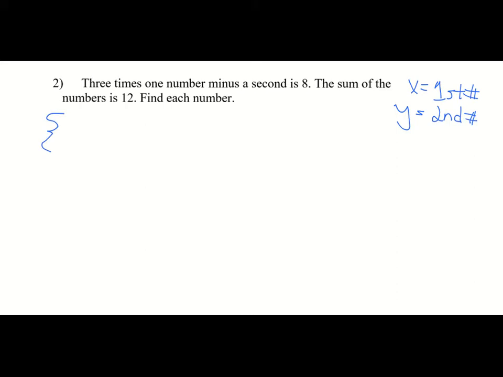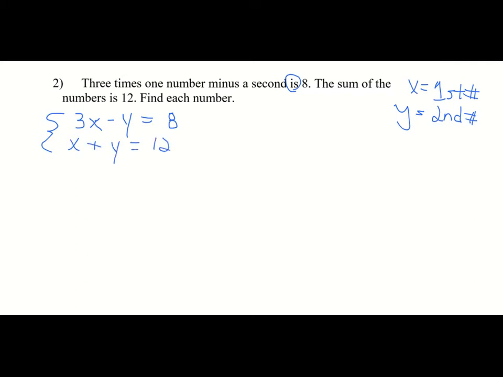So 3 times one number minus a second is 8. So 3 times x minus a second, so minus y, remember, equals 8. And then the sum of the numbers is 12. So sum means addition. So x plus y equals 12.